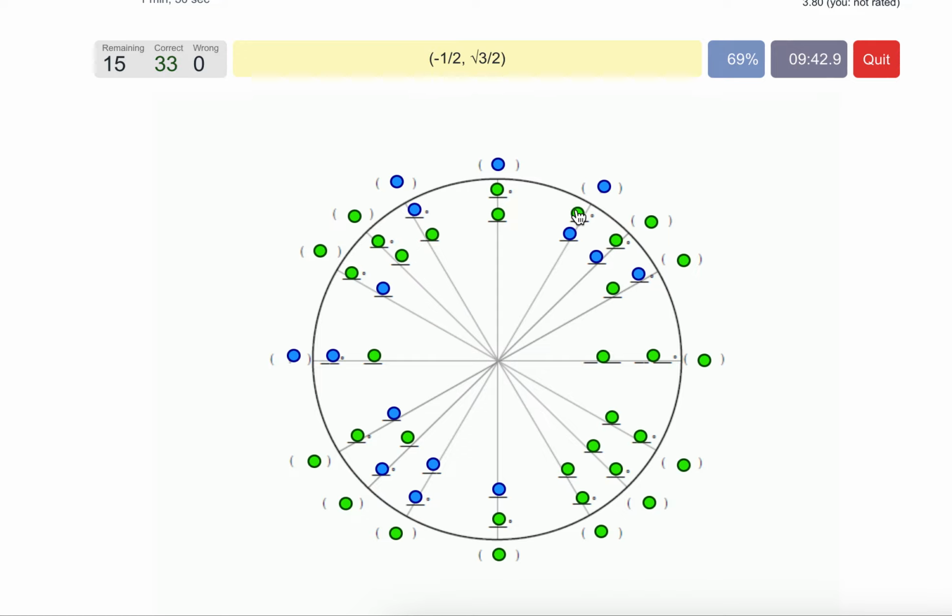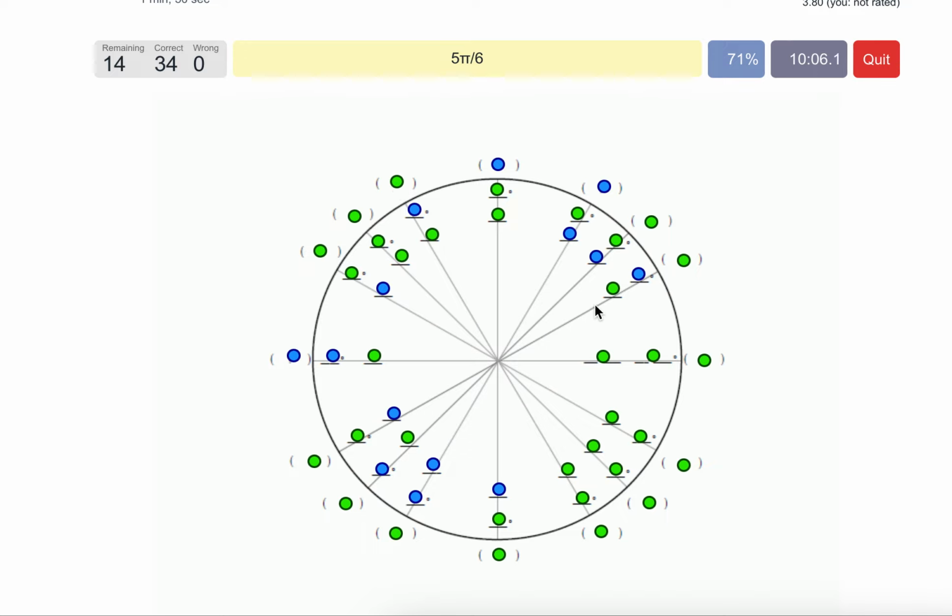60 degrees. So this is the one, the positive one, that's 1 over 2, comma root 3 over 2. This one will be in this quadrant because it's got a negative x, so it just relates to this one like that, right there.